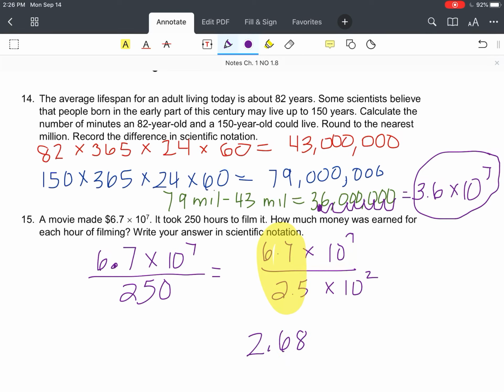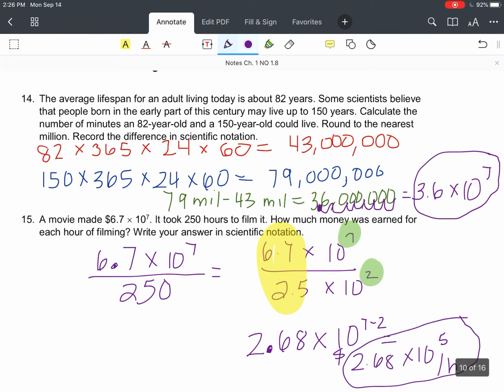That's already in correct scientific notation, so I'm good there. And then for my exponents, remember we're dividing. When you divide your exponents, you subtract. So it's going to be 7 minus 2, which is 5. So your answer is 2.68 times 10 to the 5th dollars per hour.